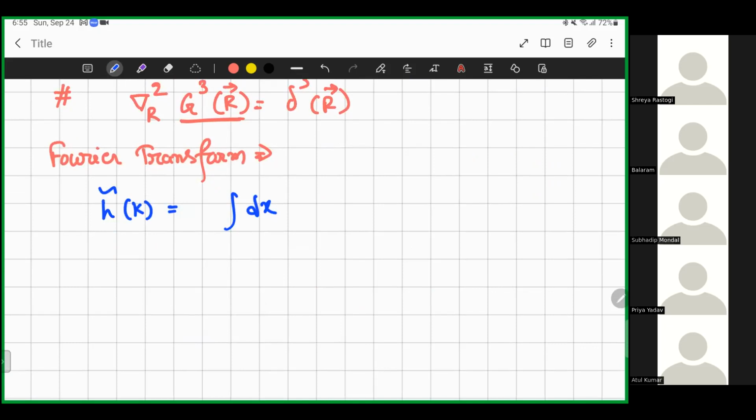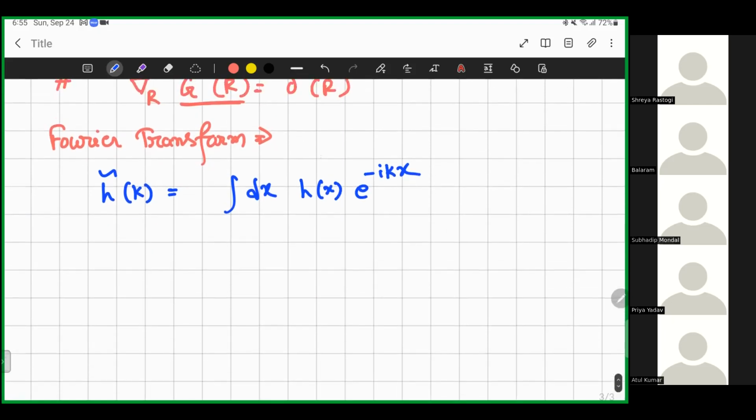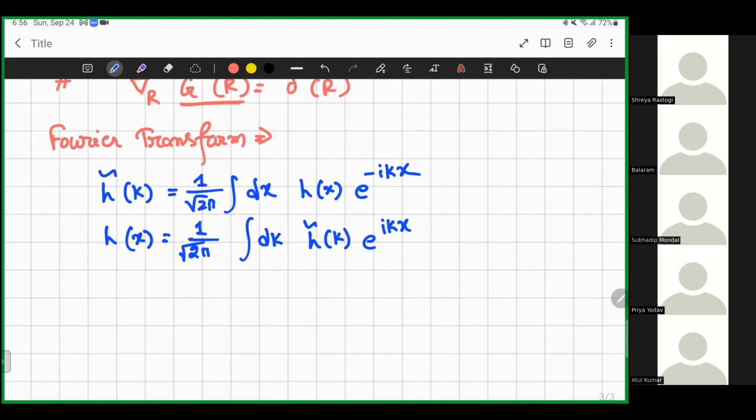We can write it as e to the power minus ikx in one dimension, and this will be 1 by 2 pi dk e to the power ikx. We are also familiar with the form with 1 over 2 pi on both. These are equivalent forms. Here I will deal with this form. So this is our Fourier transform.